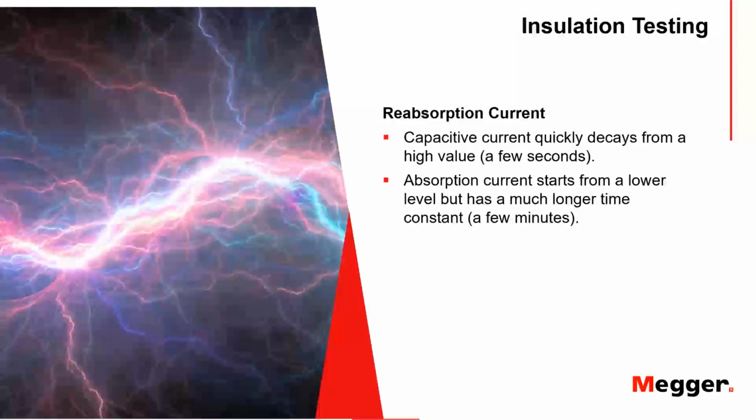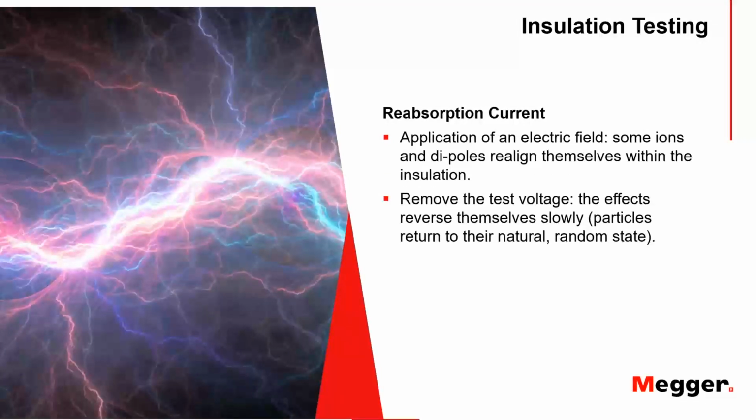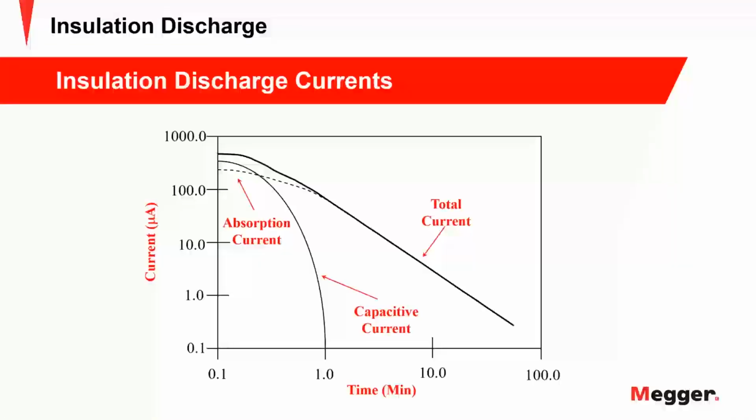Okay, this is called reabsorption or relaxation current. So it's the reverse of your charging currents. And typically what happens is a dielectric discharge test waits a minute so that the capacitive current will be gone.